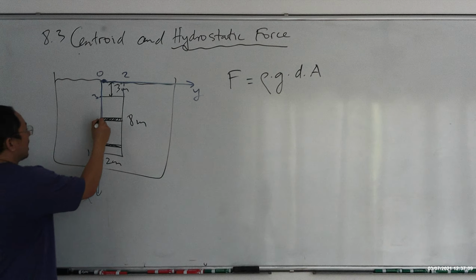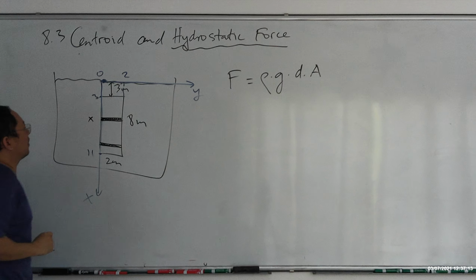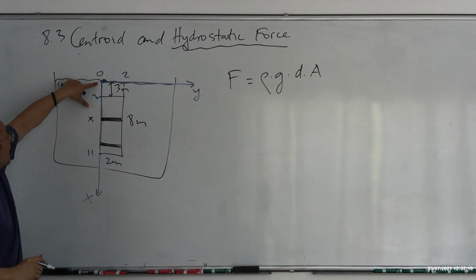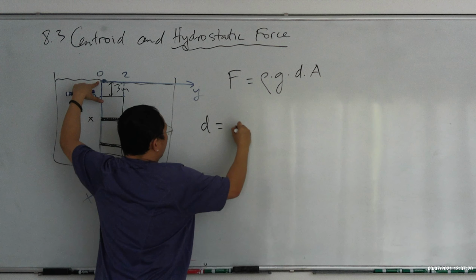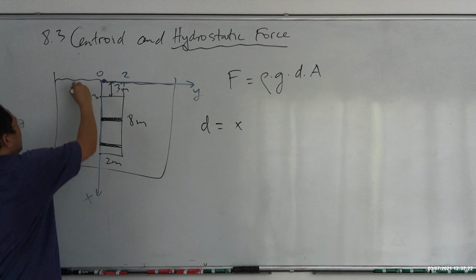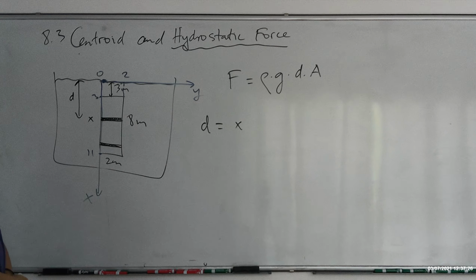Okay, so if you chop it up right here, this is x from the origin. Since I choose the origin right on the surface of the water, the depth D is the same as x. Okay, this is x, and this is also D. Okay? And what about the area?